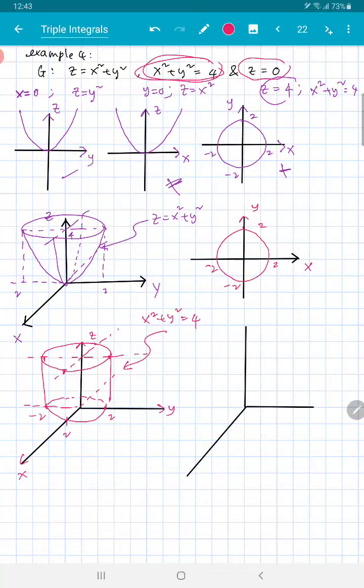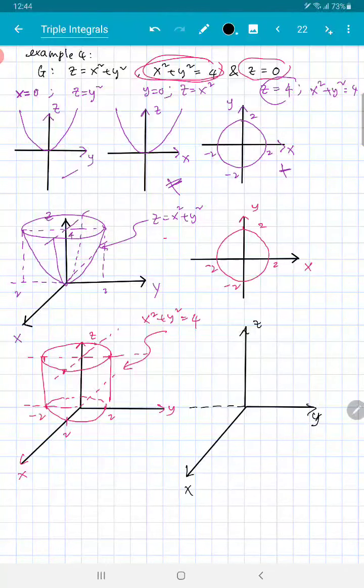Okay, now we're going to put these surfaces together. We have the upright cylinder, we have the paraboloid, and then we have z equals 0, which is a horizontal plane. Okay, we're going to put everything together. Oops, that should be y, and here we have z.